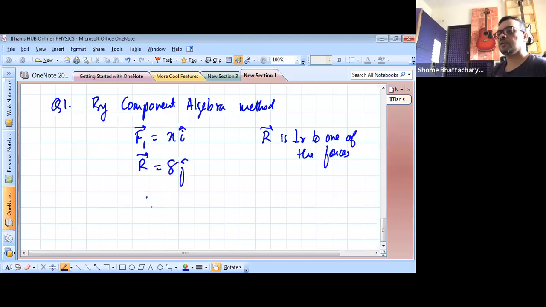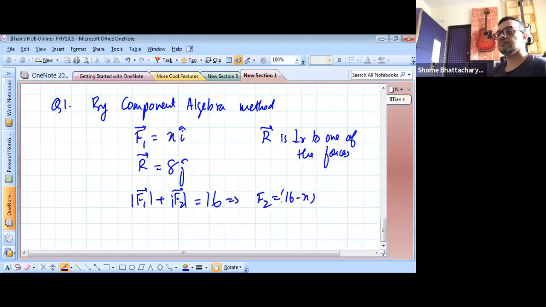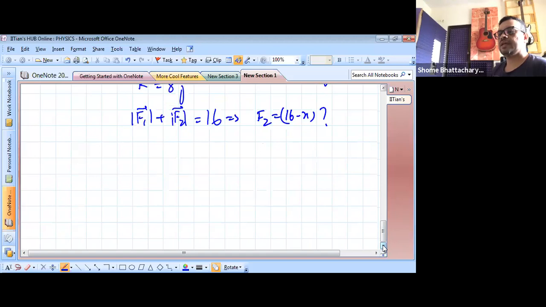And magnitude of F1 plus magnitude of F2 is given to us as 16. So that means we would have taken the magnitude of F2 as some 16 minus x, which we don't know the angle of.